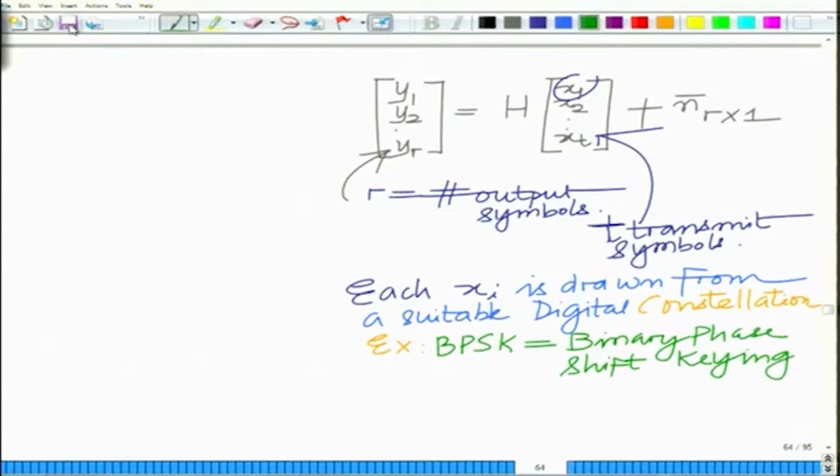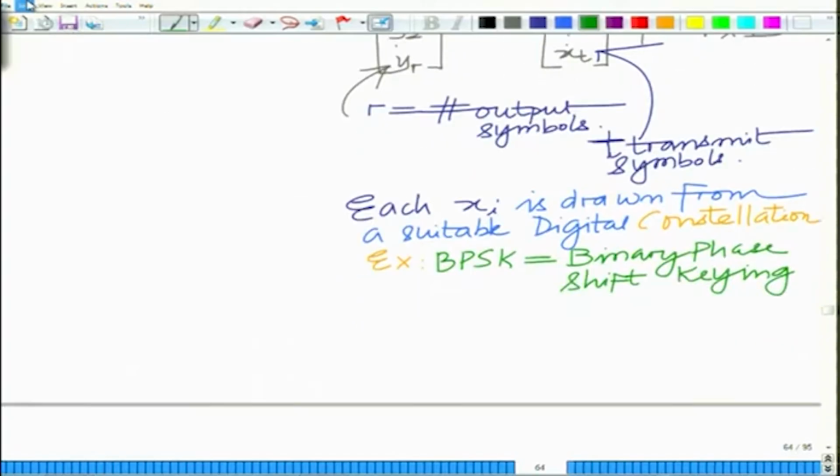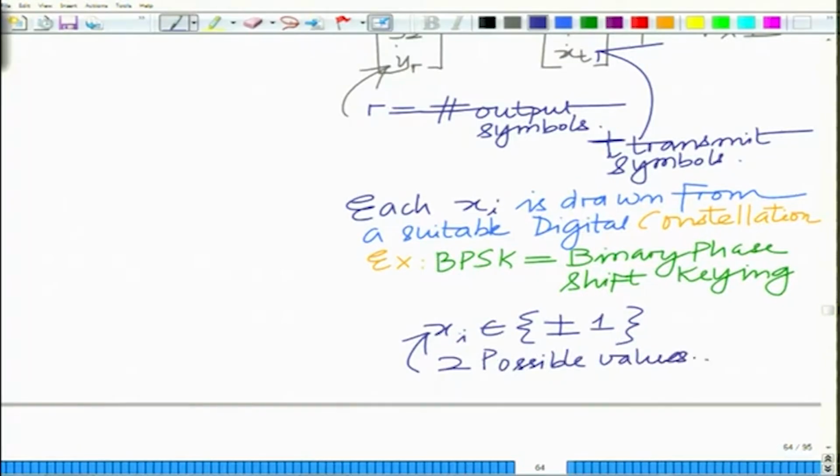This is basically your binary phase shift keying, which implies there are two phases. This implies each xi belongs to plus or minus 1, which means each xi can be plus or minus 1. That means each xi has two possible values.